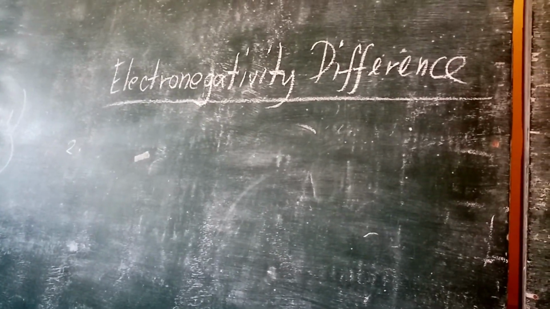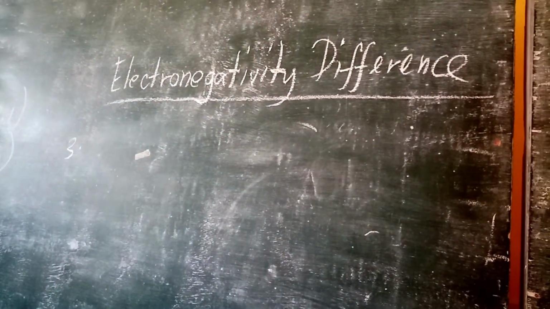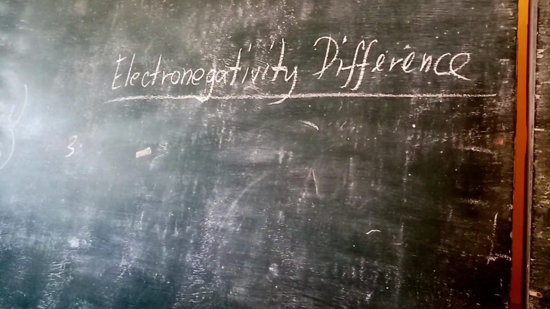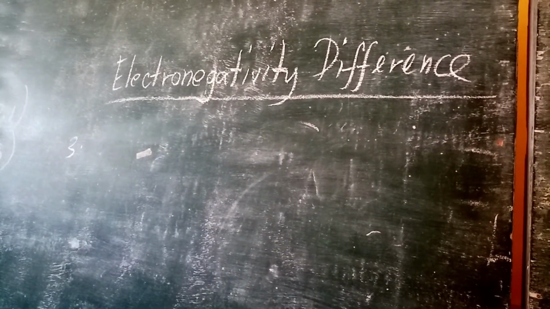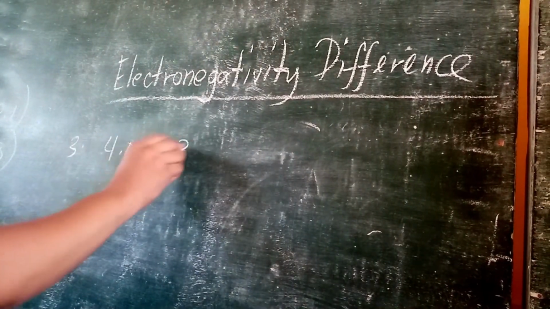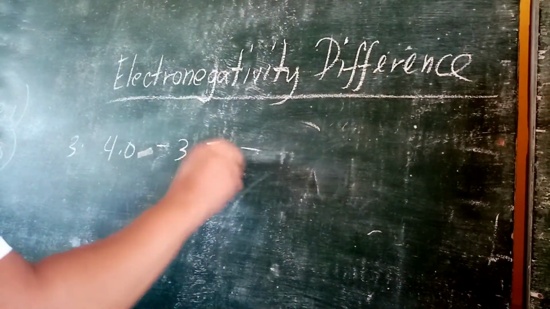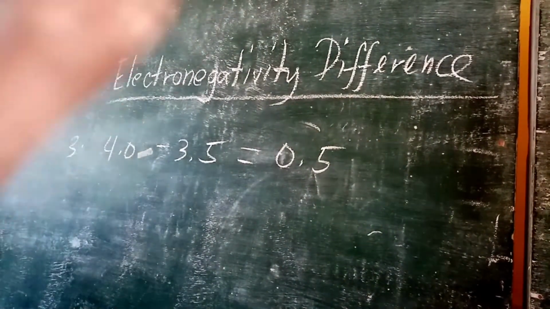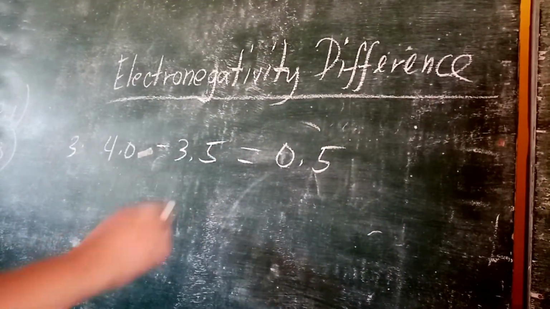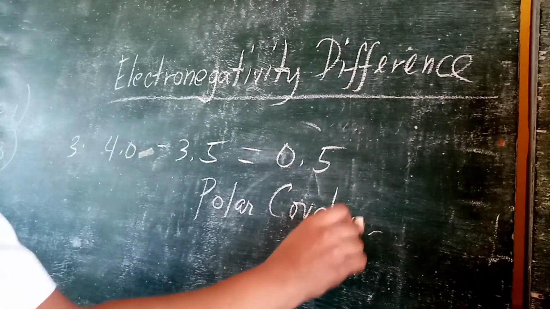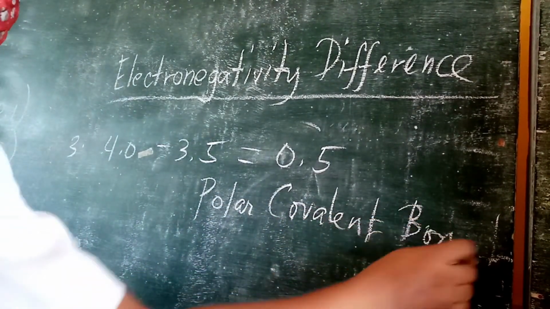Okay, number 3. We have oxygen and fluorine, O and F. Fluorine has a greater value, so it serves as the minuend, 4.0 minus 3.5. So the answer is 0.5. The type of bond is a polar covalent bond because it's greater than 0.4.